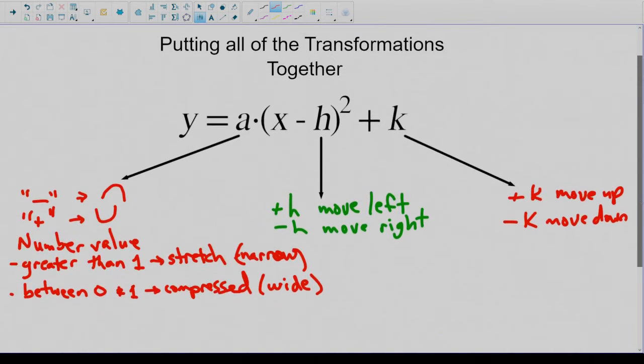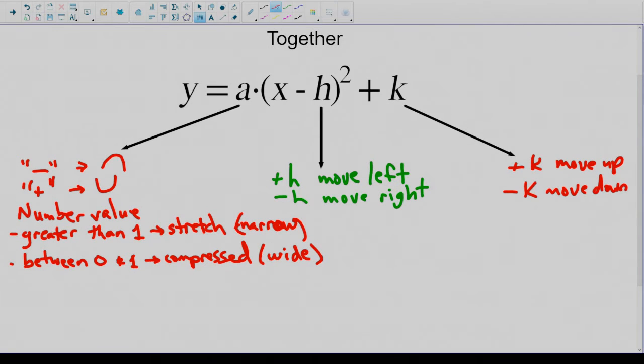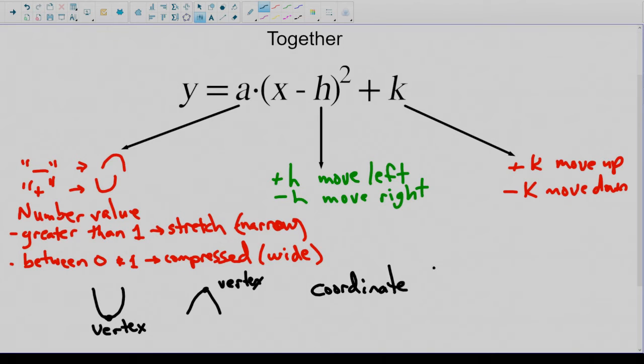The H and K are very important in this equation. They are the reason that this is called the vertex form of a parabola. Remember that the vertex is either at the bottom of a smile shape or at the top of a frown shape. The coordinate of that point is going to be given by the H value and the K value.